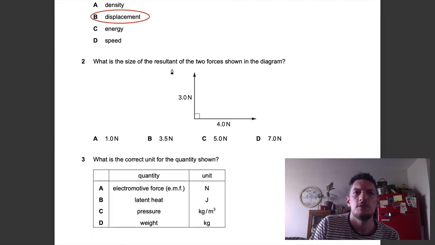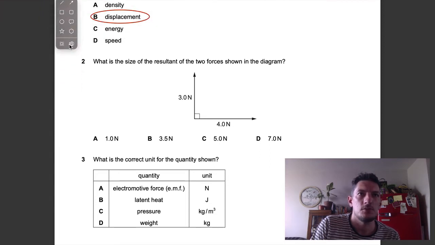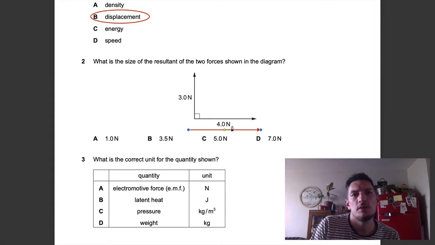Next question. What is the size of the resultant of the two forces shown in the diagram? So we've got a force that's heading upwards, and we've got a force that's heading to the right. 3 newtons plus 4 newtons. And so the way that we add them up is what's called the tail to head method.